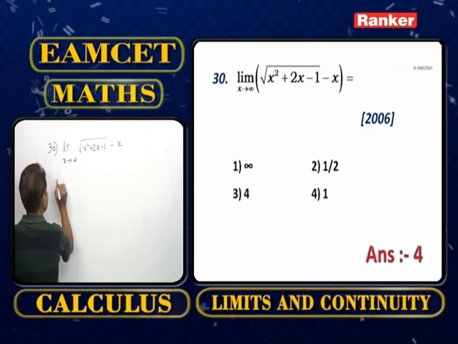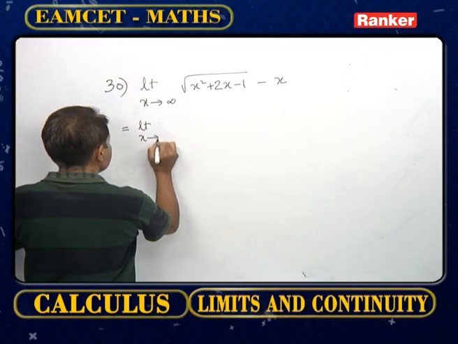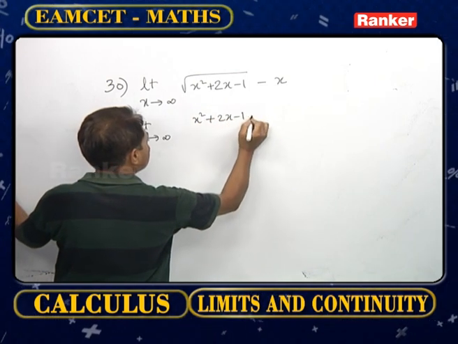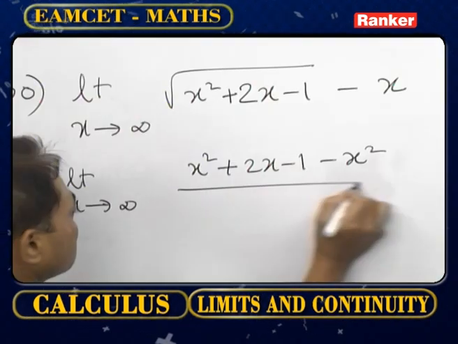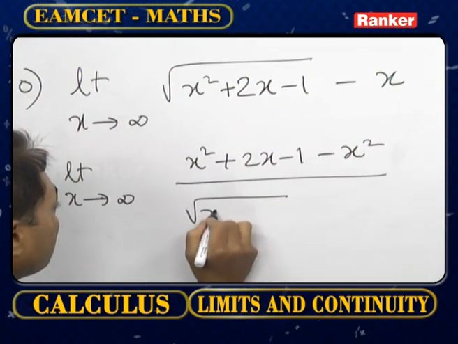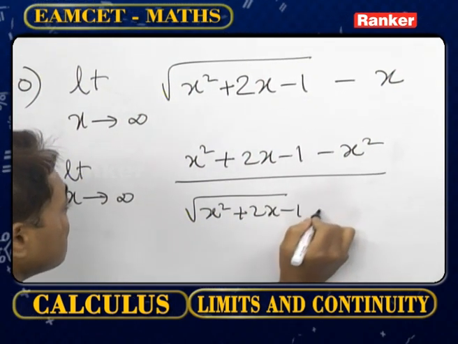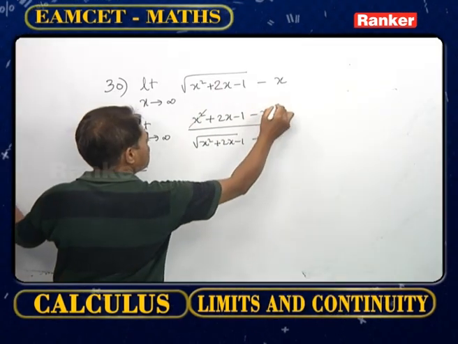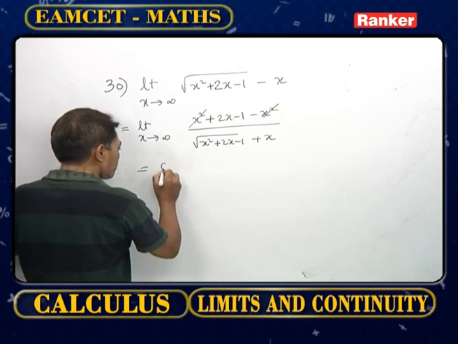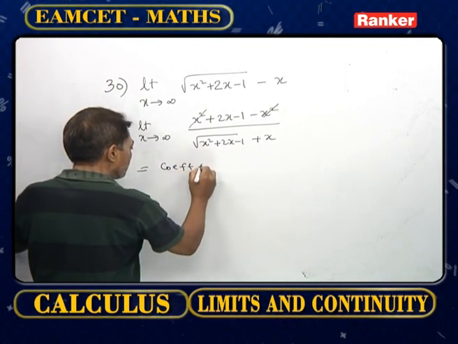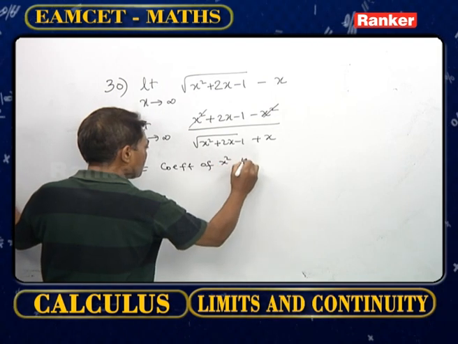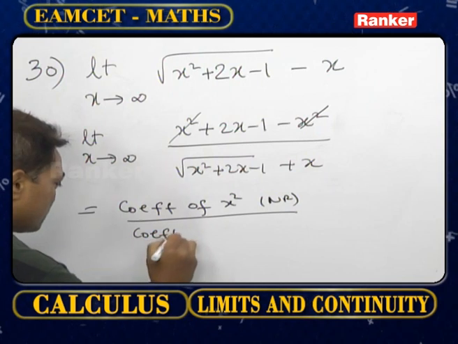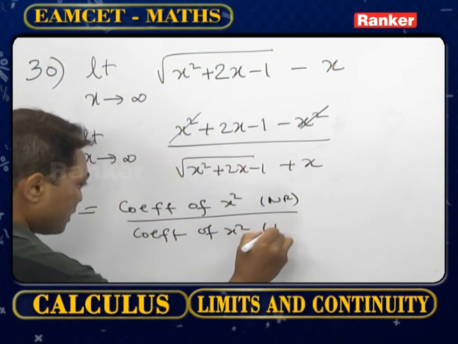Now, let us take rationalization: (x square plus 2x minus 1 minus x square) by the conjugate, root of (x square plus 2x minus 1) plus x. Now, this x square gets cancelled. If you observe, quotient of x in the numerator by quotient of x in the denominator.